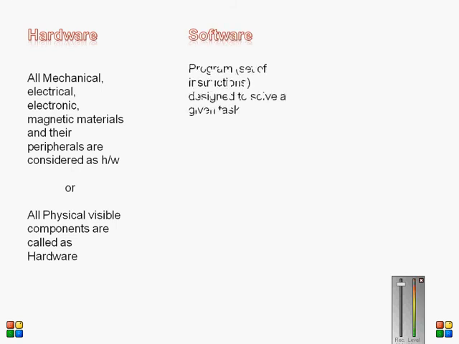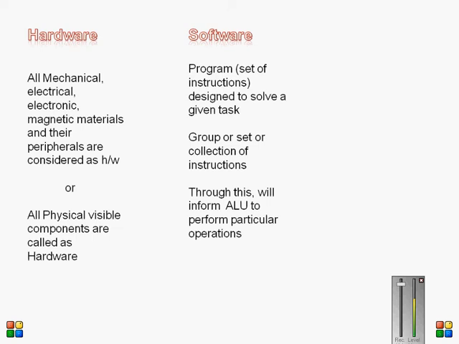What is software? The program which is defined to solve a given task is called software, and the program consists of a set of instructions. Also we can say a group or set or collection of instructions is called software.